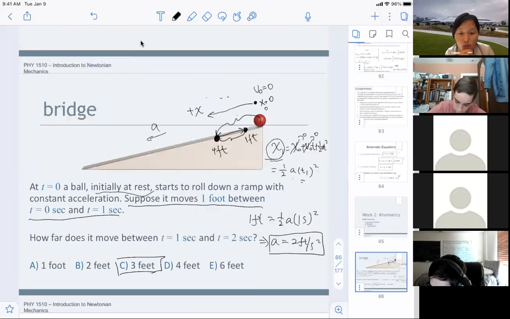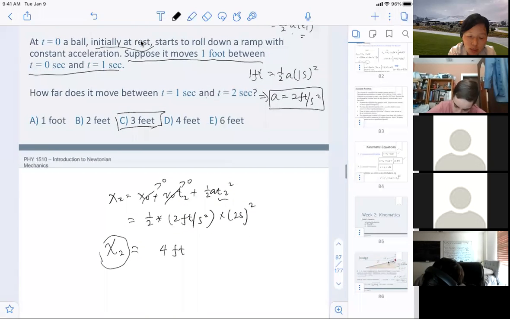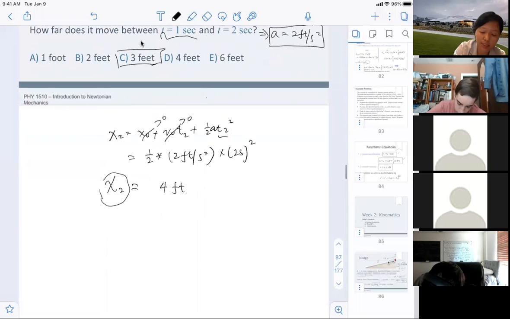You do have also the option of choosing 1 second as your initial position. You don't have to, but for example, you say, okay, I wanted to look at the distance it traveled starting from 1 second.